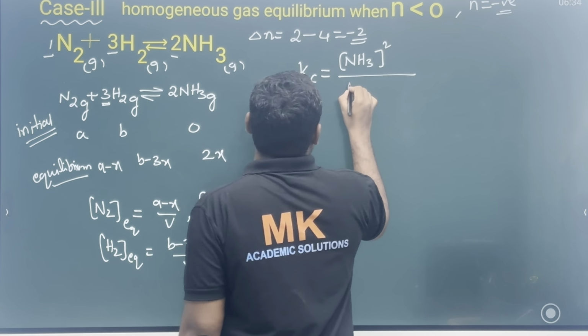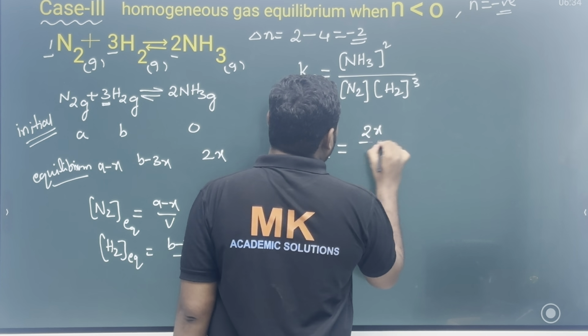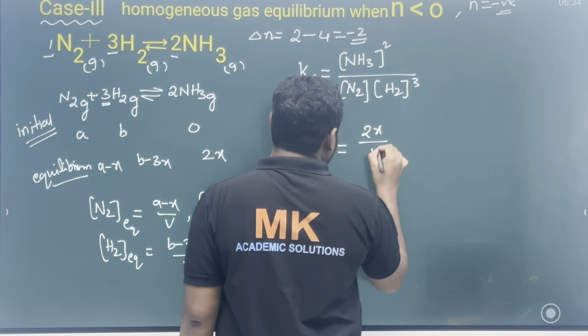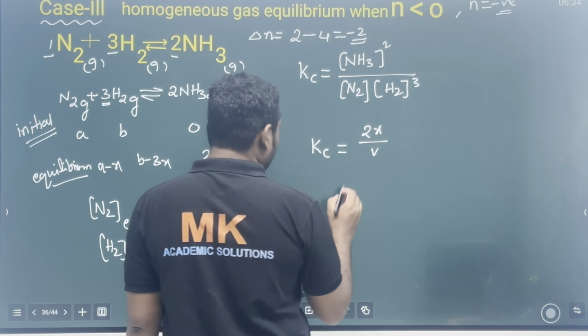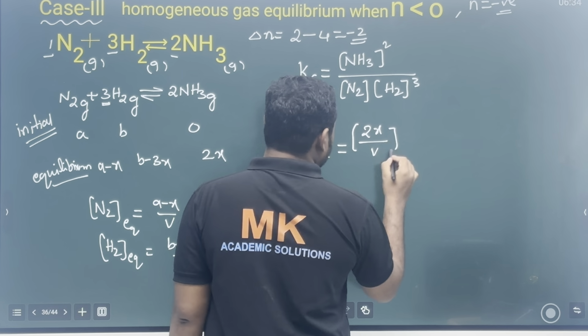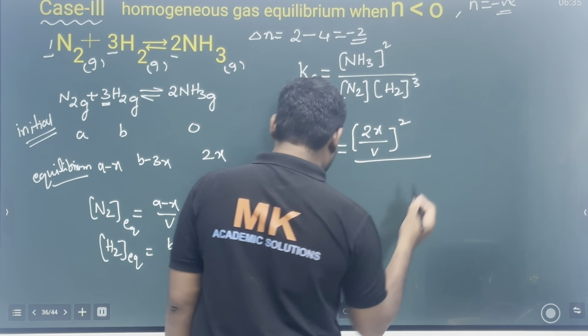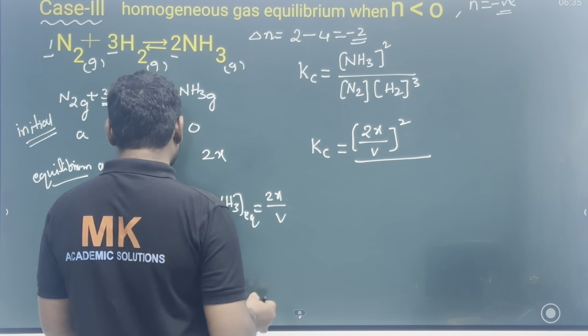So now Kc is equal to, what will you get here? What is the NH3 concentration? That is 2x by V, whole squared, divided by the N2 concentration, what is it?